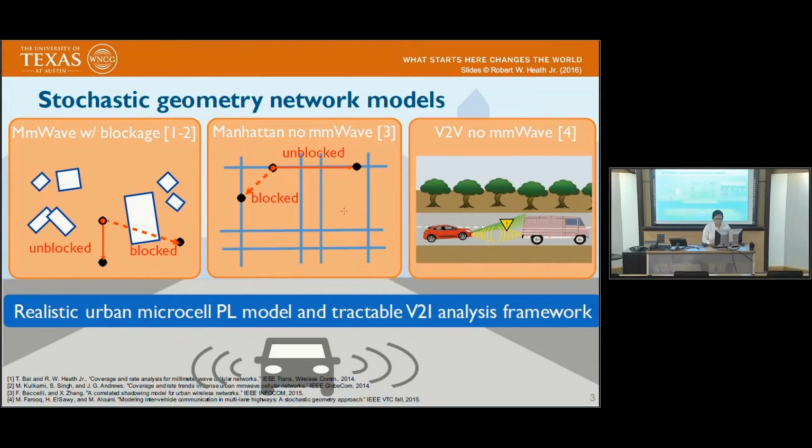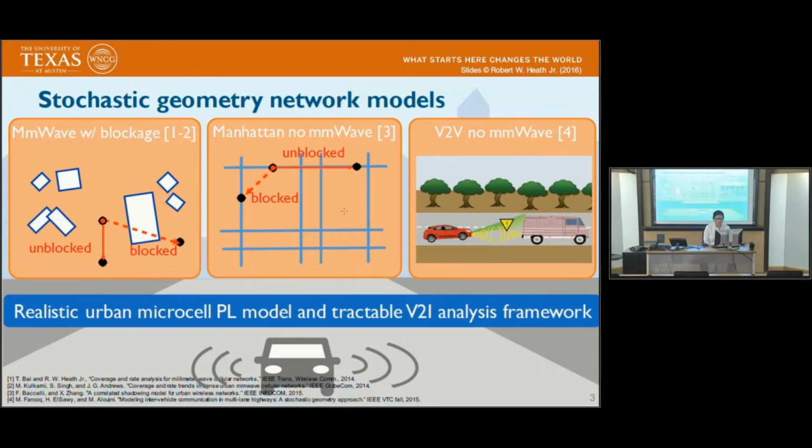So there are several stochastic geometry based analysis approaches to model the urban millimeter wave networks. There are some works on the analysis of millimeter wave communication considering blockage. The idea is to model the location of the buildings as a Poisson point process on a two-dimensional plane.